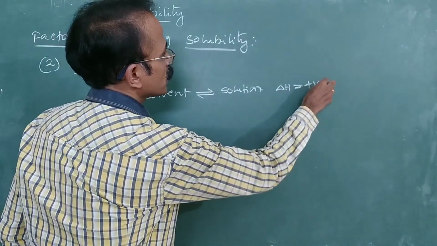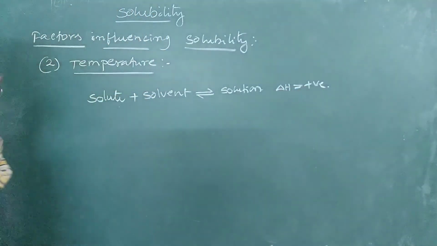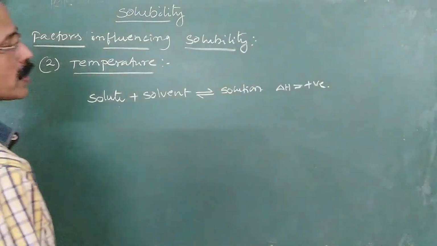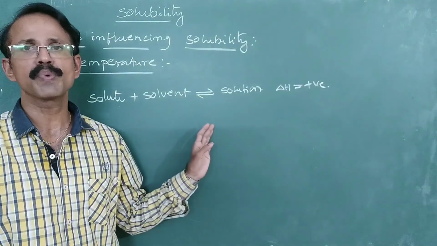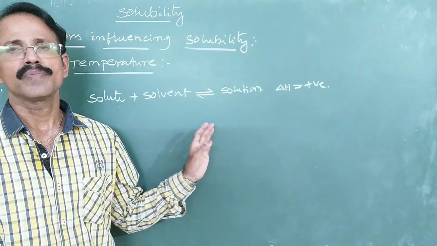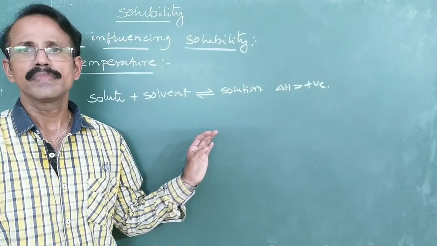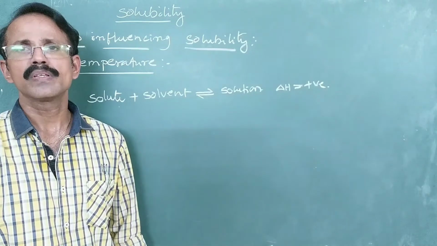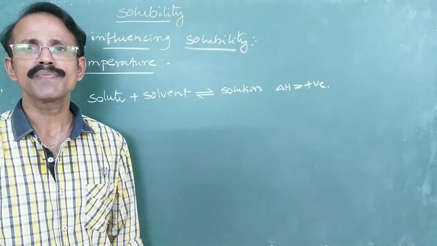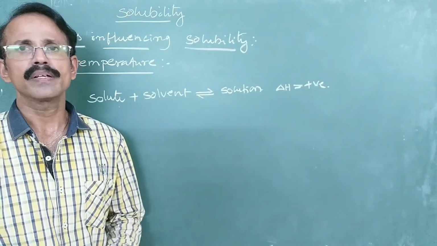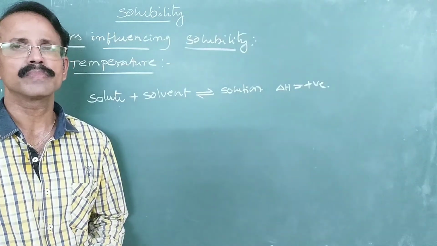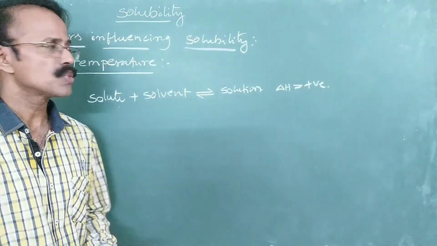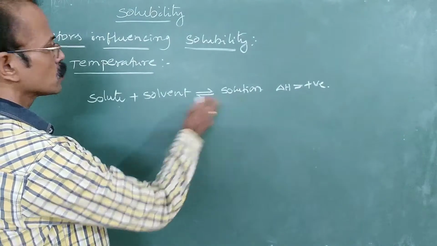So suppose there is absorption of energy in the formation of this solution, which is at equilibrium. Now what happens as per Le Chatelier principle? If the system is at equilibrium, then if you raise the temperature, what happens? The equilibrium shifts in the direction of absorption of heat. What is the heat absorption direction? That is the forward direction.